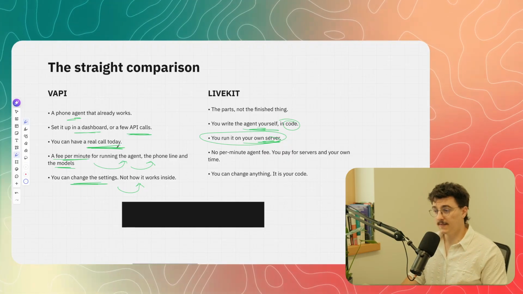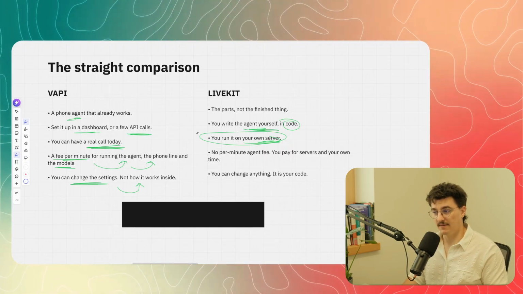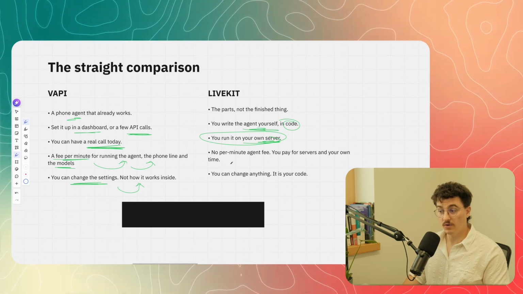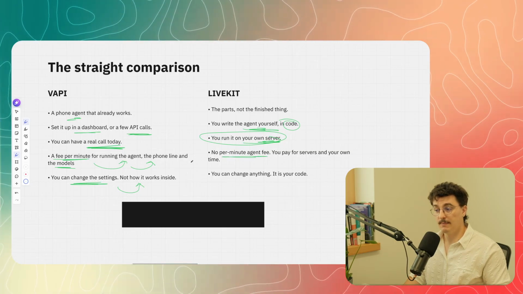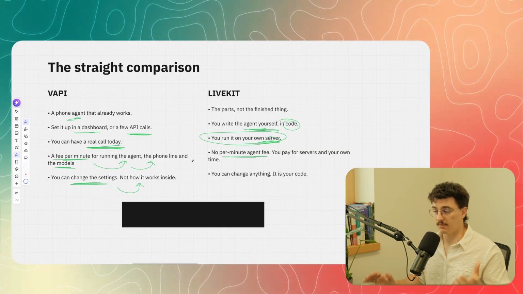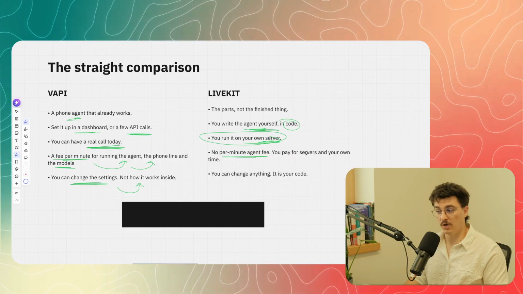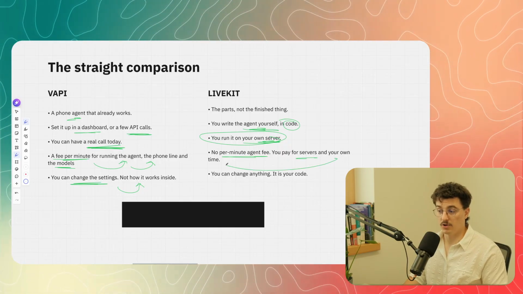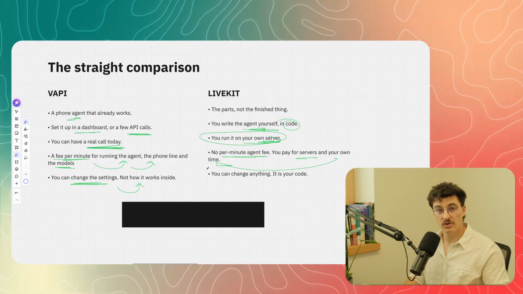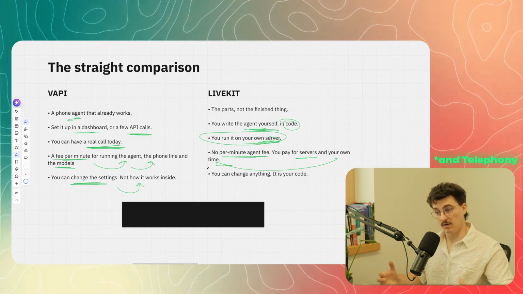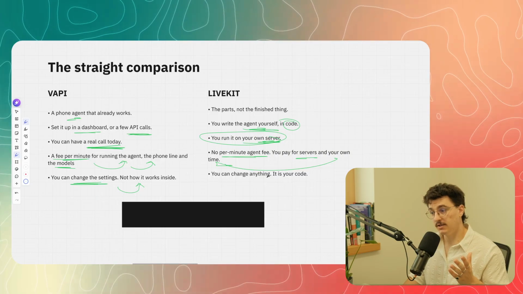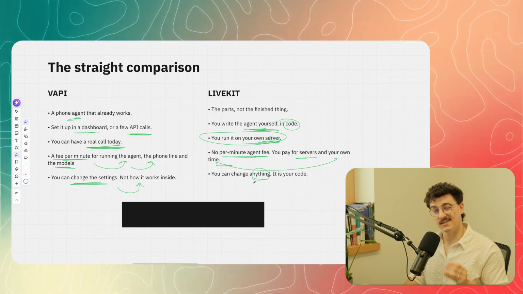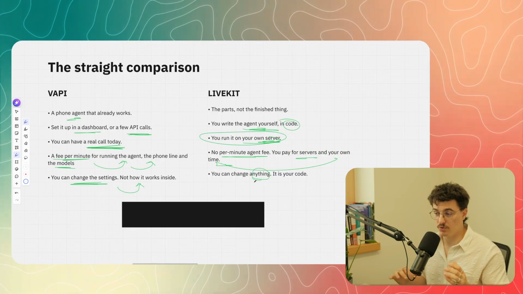It's not impossible, but with LiveKit, that's just a given. And also, you do not have a per minute platform fee or agent fee because you build it yourself. You just don't have to worry about this. You pay for your server, you pay for your own time, obviously, but also just for the models with no markup. And you can change anything. It's your code. You can do whatever you want.